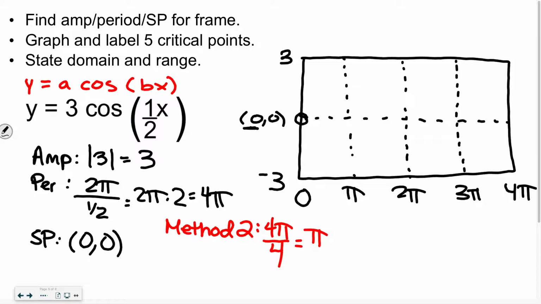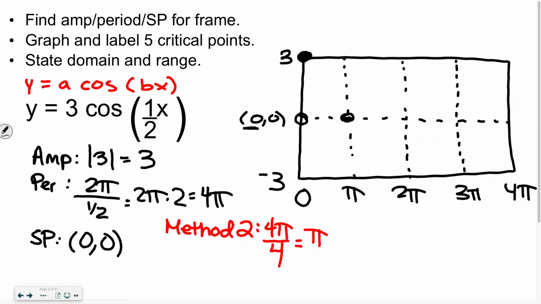The rest of it's pretty much just like knowing what the shapes are. So draw the correct shape. If it's cosine, I think about an ice cream cone. And so I know I'm going to start at the highest point in the frame. So notice my starting point isn't even on my graph.